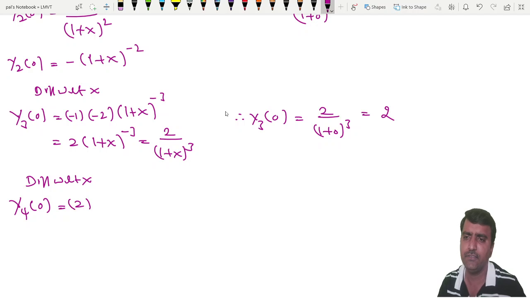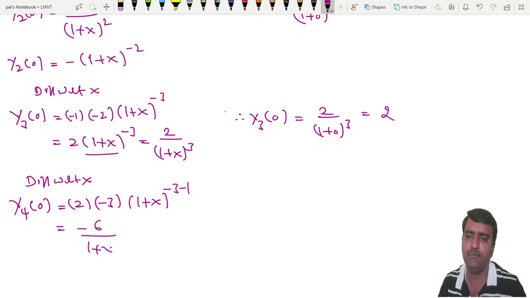It is of the form x to the power n, and differentiation of x to the power n is n x to the power n minus 1. It is minus 3 into 1 plus x to the power minus 3 minus 1. So that is minus 6 divided by 1 plus x to the power 4, because minus 3 minus 1 is minus 4, and moving to the denominator it becomes plus 4.